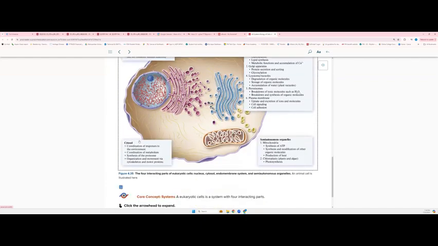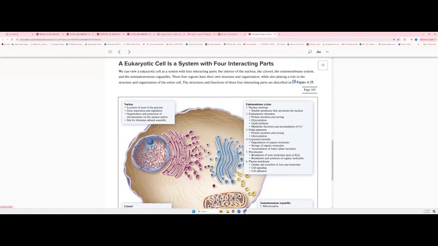So first, let's talk about the nucleus. The nucleus is the location of most of the genome. It's the place where genes are expressed and regulated. The nucleus is the organization and protection site of the chromosomes because the chromosomes exist in the nucleus. It is also the site for ribosome subunit assembly.